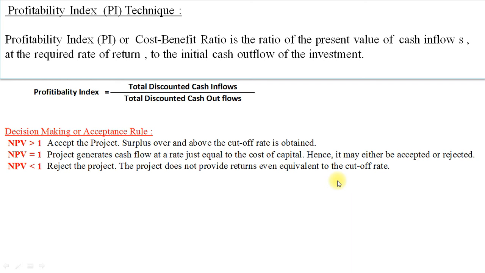Once again, for your easy understanding, profitability index is equal to total discounted cash inflows upon total discounted cash outflows. Okay, now let us understand both these methods, that is net present value technique and profitability index technique, by one example.